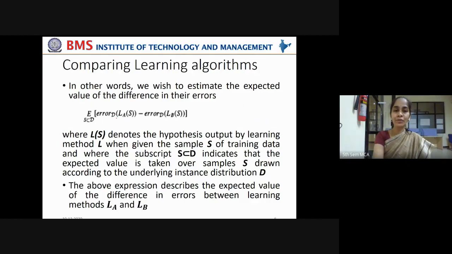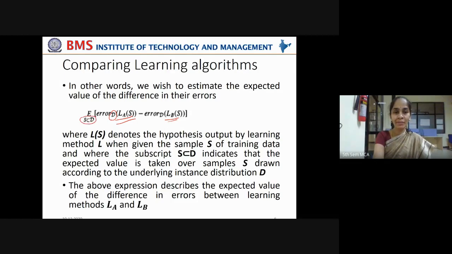So we are trying to find out what is the error with the first learning algorithm. What is the true error? Did you notice this? Error D means what? True error. What is the difference between the true error of the first learning algorithm and the second learning algorithm? What is the estimated value of the difference? What is the expected value of the difference in the true errors of those two machine learning models?